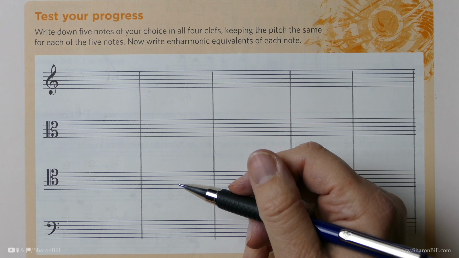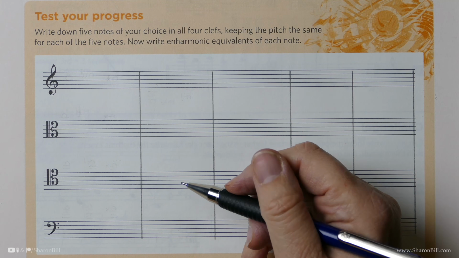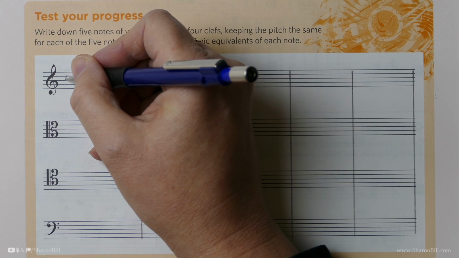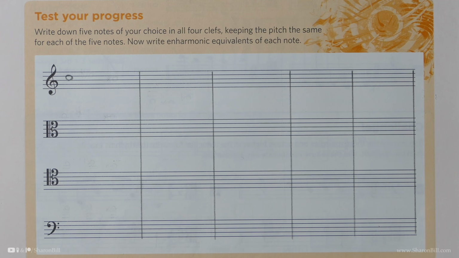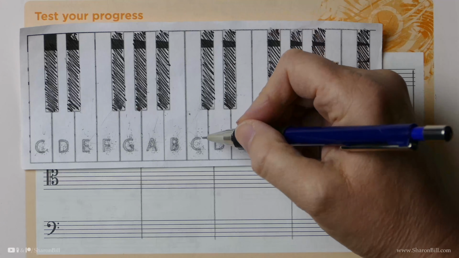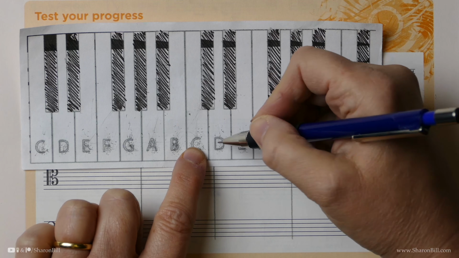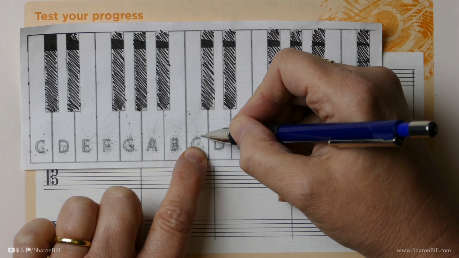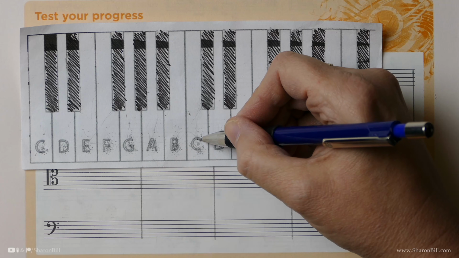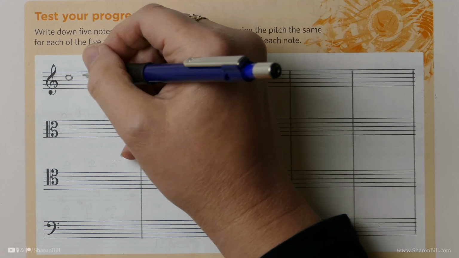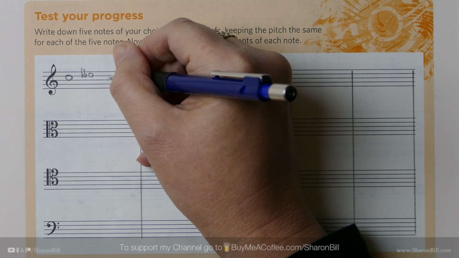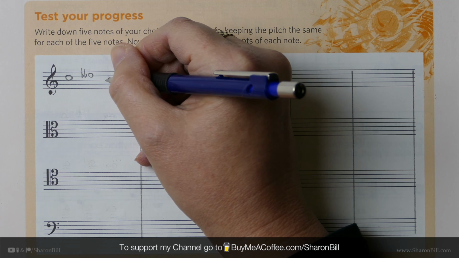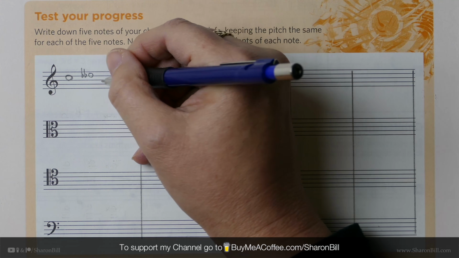So let's start off with treble clef, and I'm going to choose the C above middle C. And so the enharmonic equivalent of that would be either D double flat or B sharp. So let's go, we've got the D double flat, and then we've got the B sharp, haven't we?